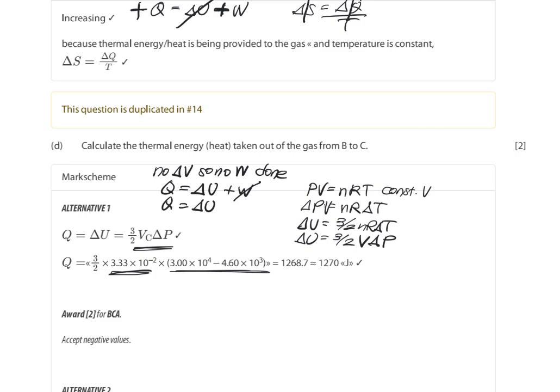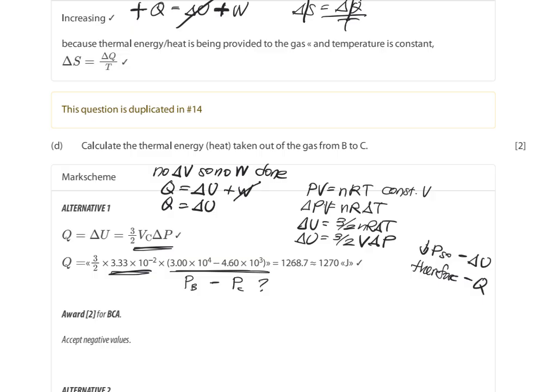Now, interesting, instead of doing final minus initial, here they did the pressure at B minus the pressure at C, which I'm not really sure why they did that. They wound up with a positive answer. It should not have been a positive answer, because the problem says calculate the thermal energy taken out of the gas from B to C. There's a decrease in pressure, so that means there's a negative delta U, which means that the heat is negative.